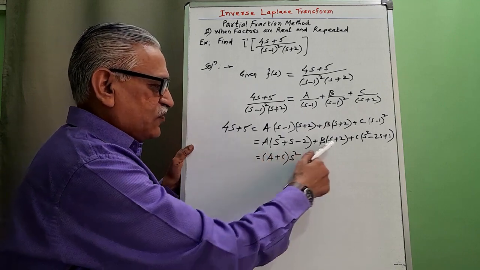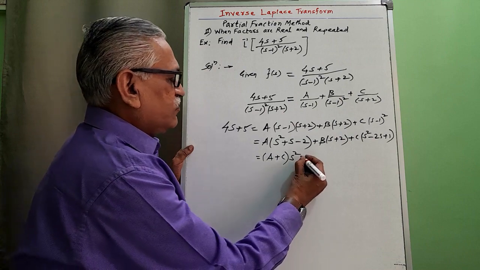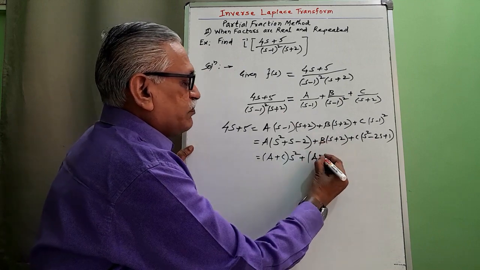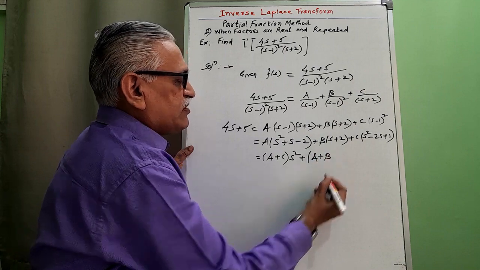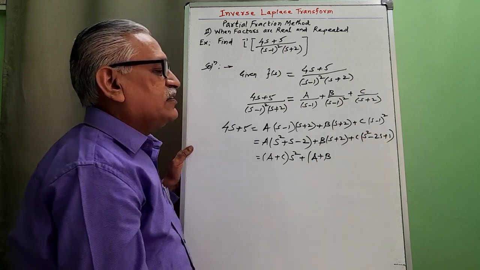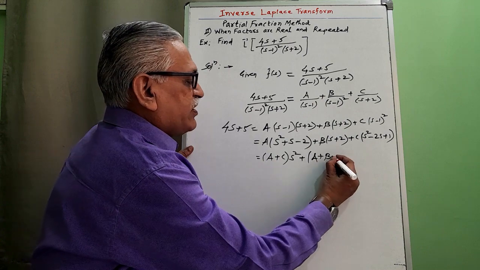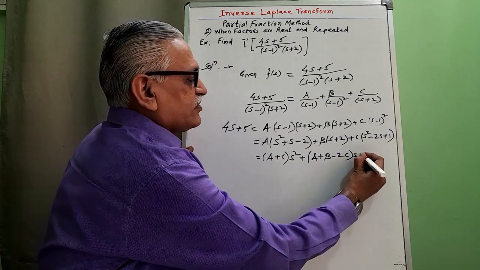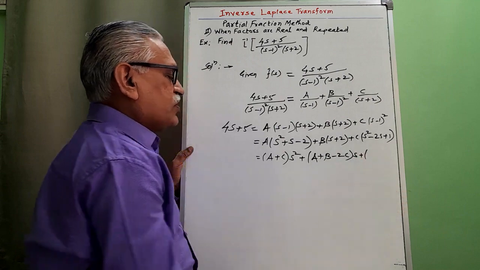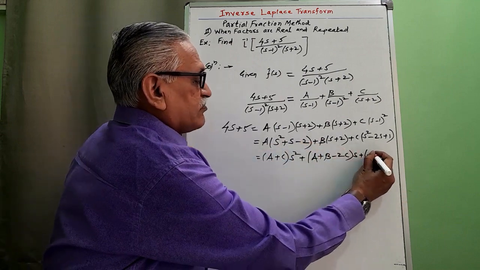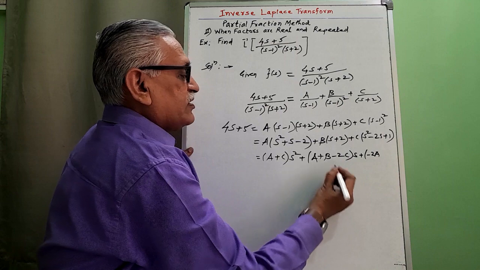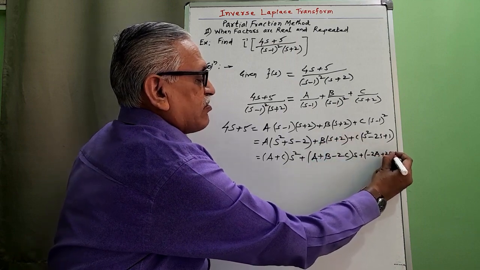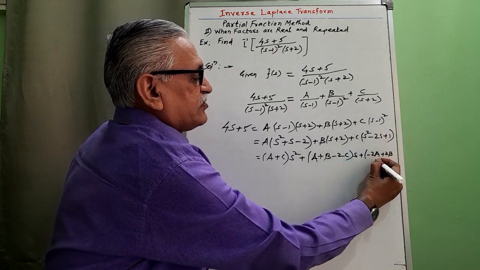Then collecting the terms of s, we get a into s means a, then b into s, b, plus b, and c into minus 2s, therefore minus 2c into s, and plus constant term minus 2a, then 2b, and plus c.